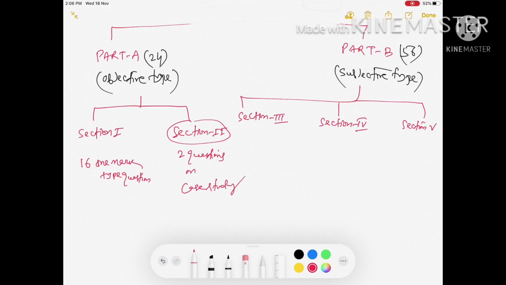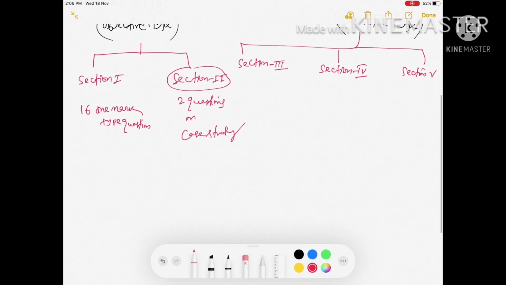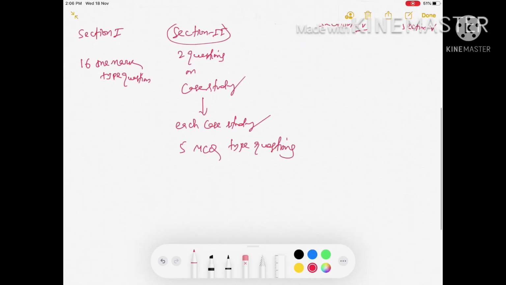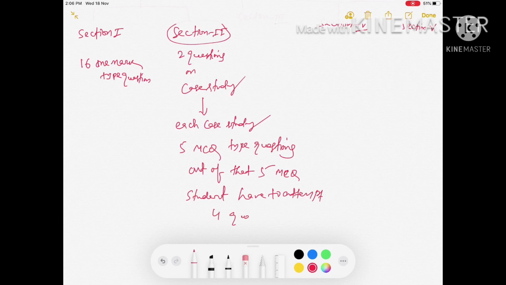Two case studies will be given to you, and for each case study, 5 MCQ type questions will be given, and out of those 5 MCQ type questions, students have to attempt 4 questions.